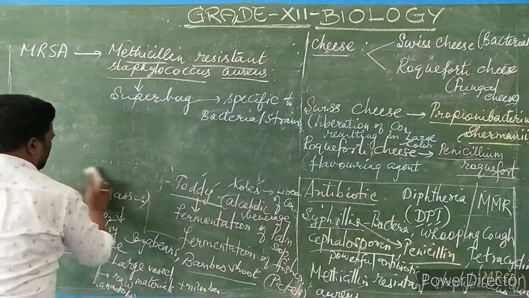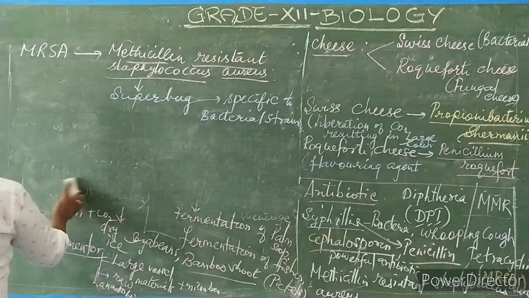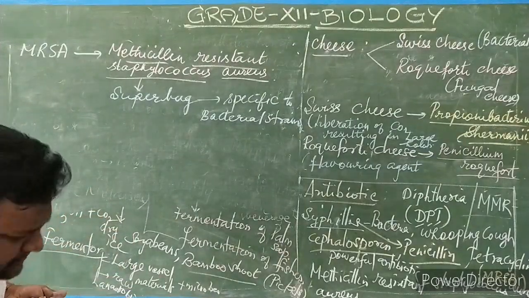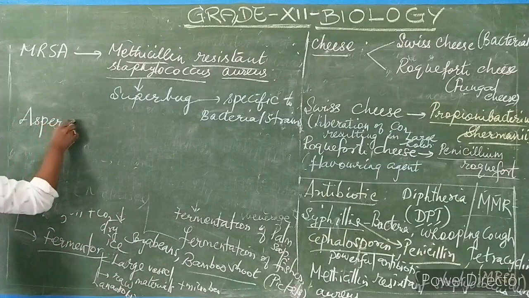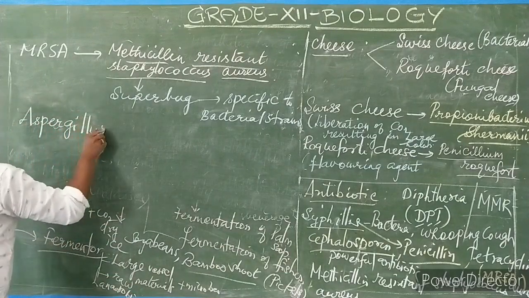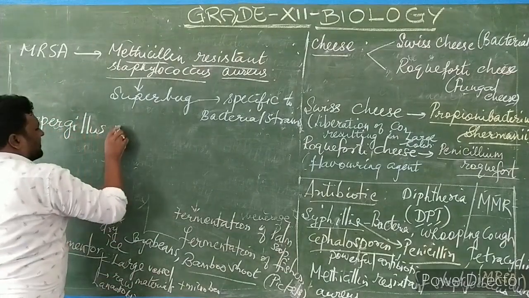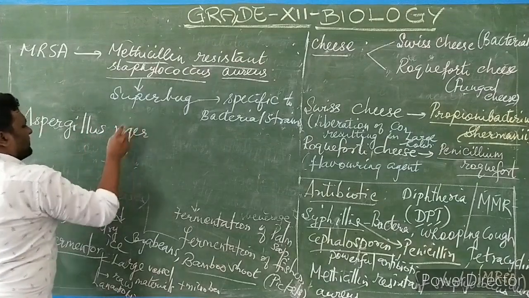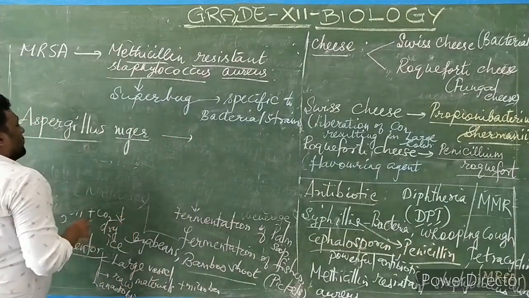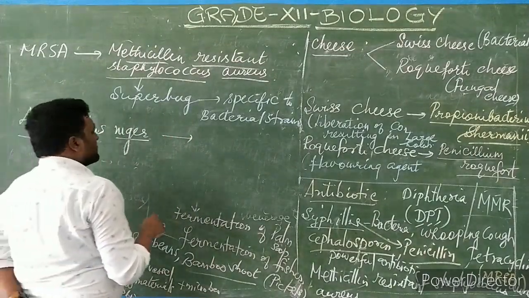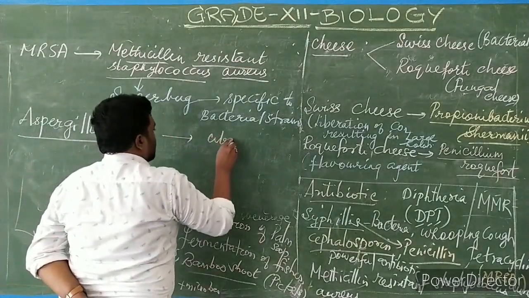Apart from that, industrially, the fungi called Aspergillus niger. It is a fungi. On a large scale, production of Aspergillus niger helps in the manufacturing of citric acid.